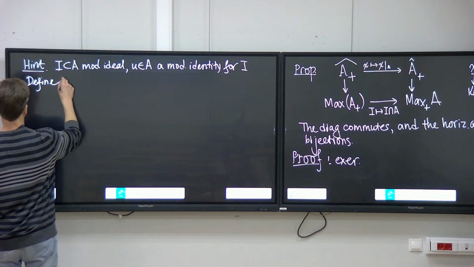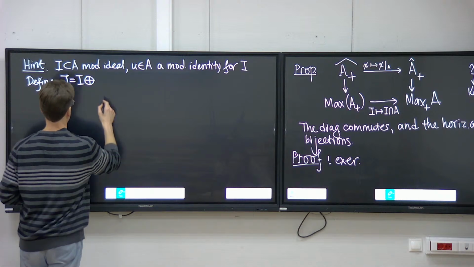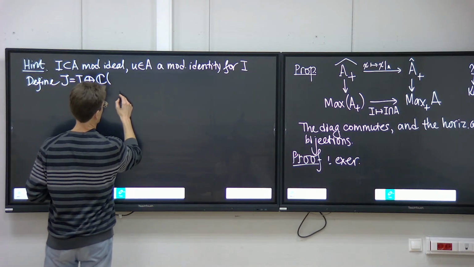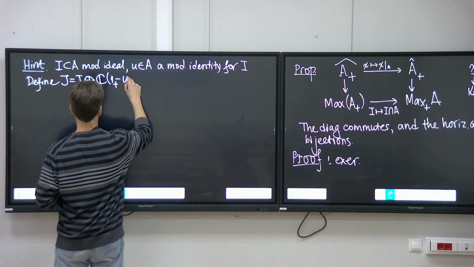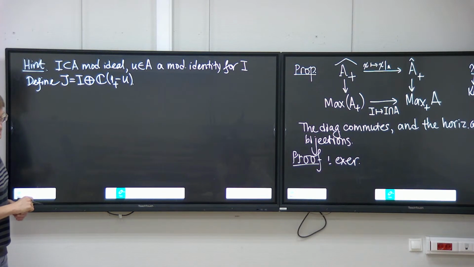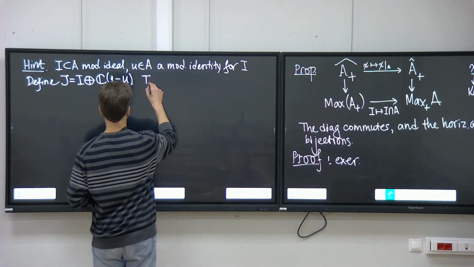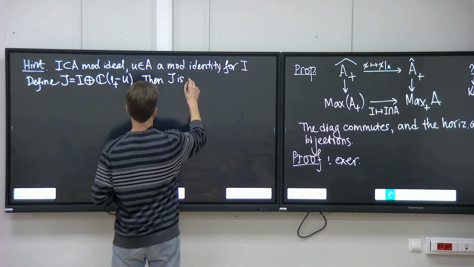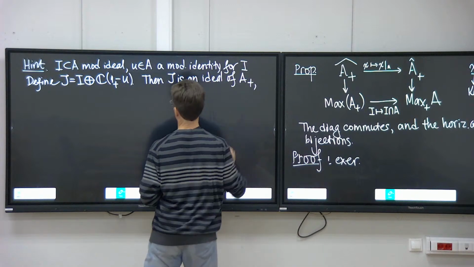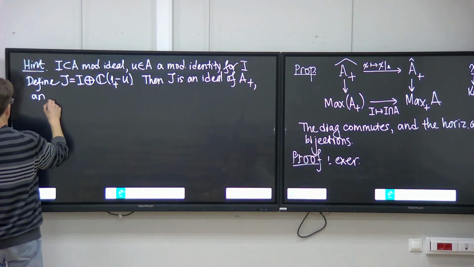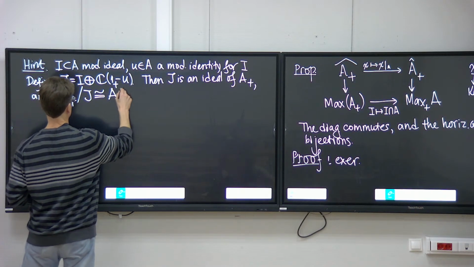We define J to be the direct sum of I and the one-dimensional space spanned by 1 plus minus U. And I claim, this is rather easy to check, that J is an ideal of A plus, and the quotient of A plus modulo J is isomorphic to the quotient of A modulo I.